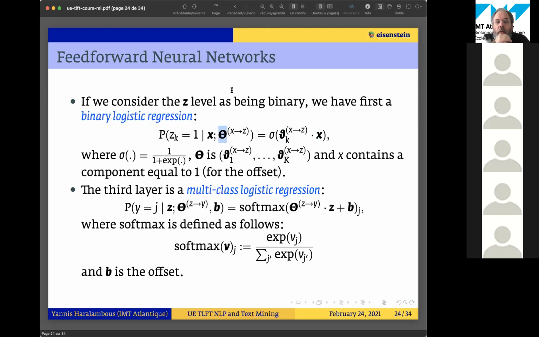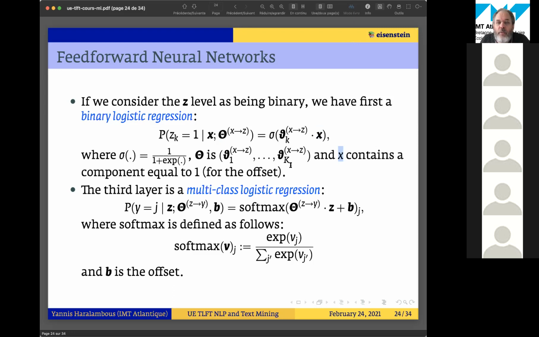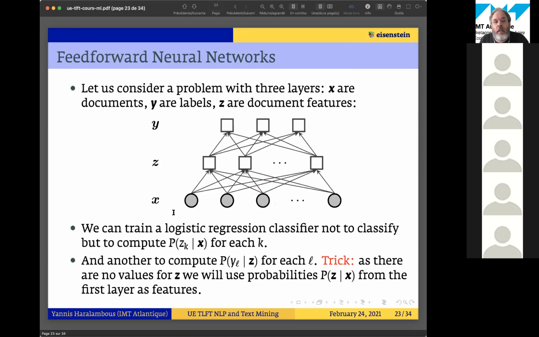And there's one additional detail: X, and this should be bold X, sorry, contains a component which is an artificial one, equal to 1. Why do we do this? Because by putting a 1 here and having an additional term, we can control bias.